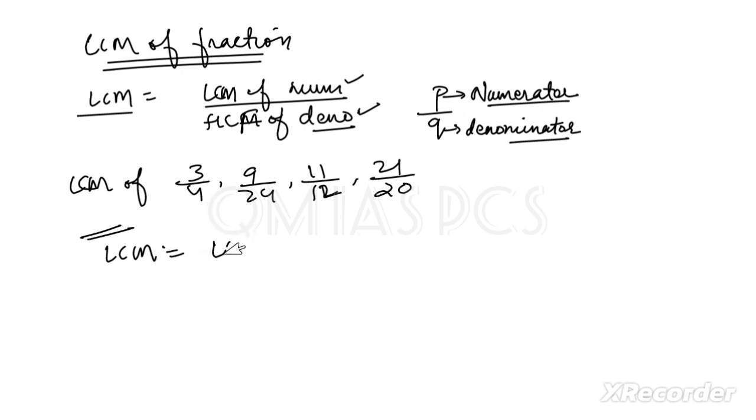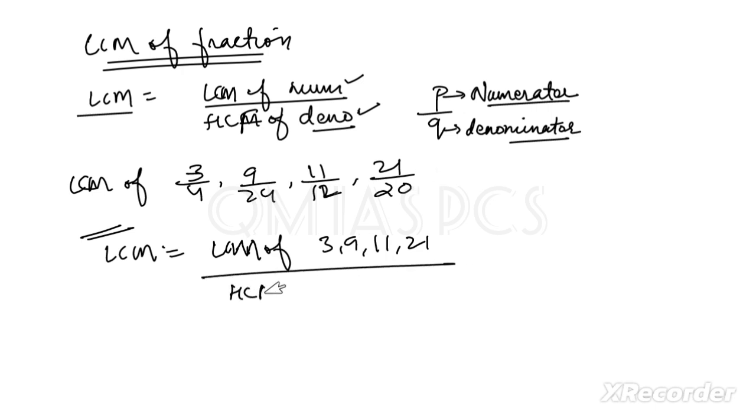LCM of 3, 9, 11 and 21, these are numerators, and these are denominators, divided by HCF of 4, 24, 12 and 20. First of all, we have to find the LCM of 3, 9, 11 and 21.